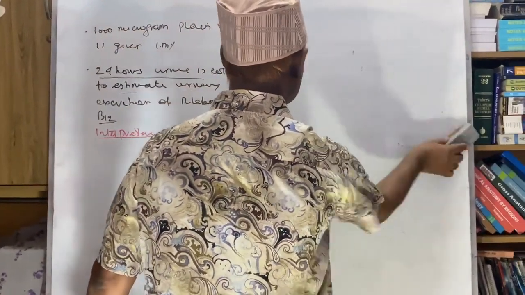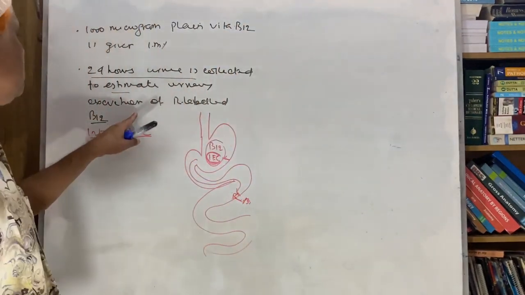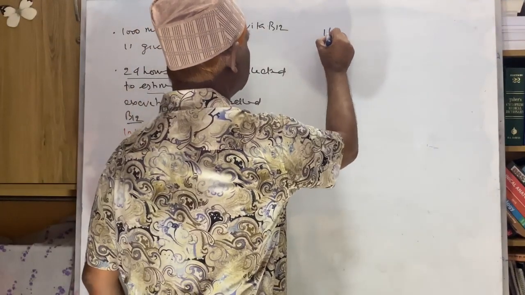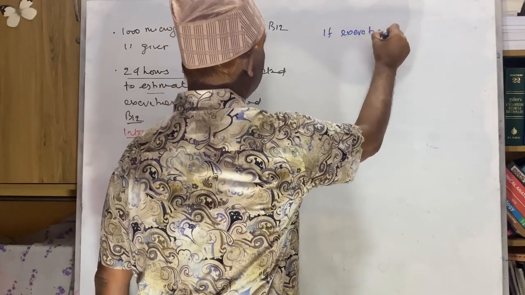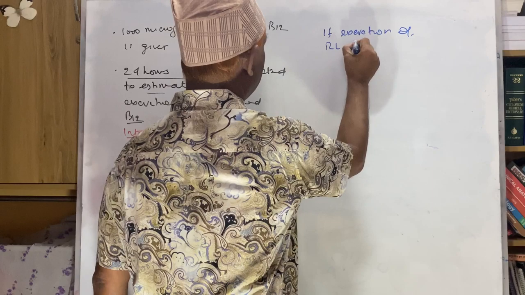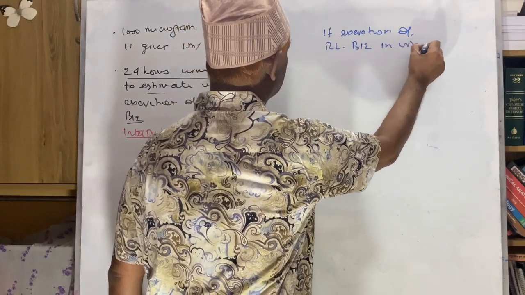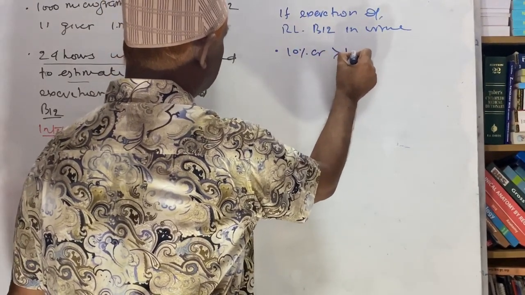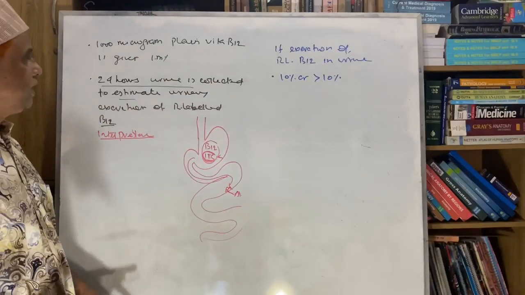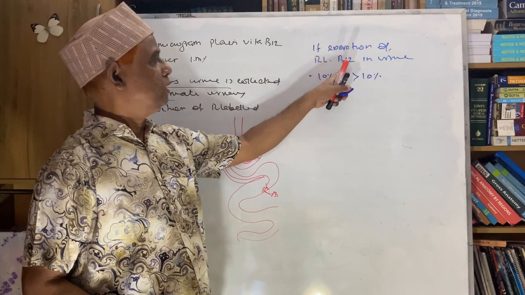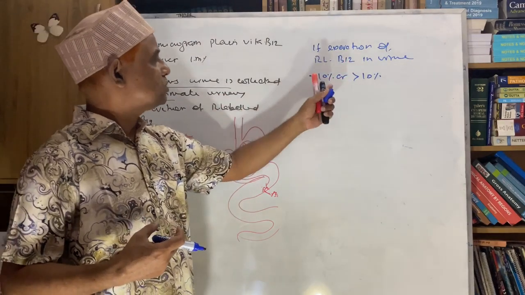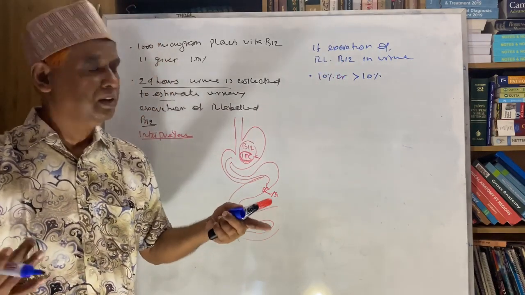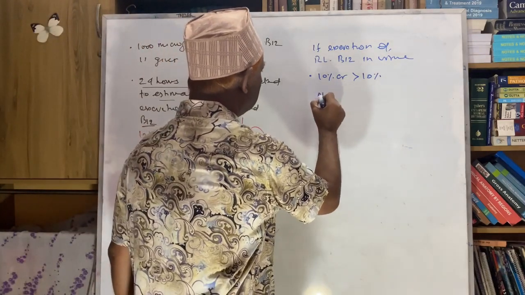Now come to interpretation. If 10% or more than 10% of the radiolabeled vitamin B12 that was taken orally, of this 1 microgram, is excreted in urine, we say the patient is normal.